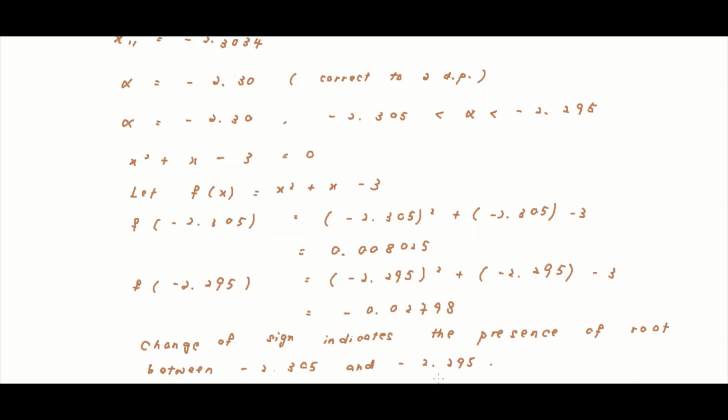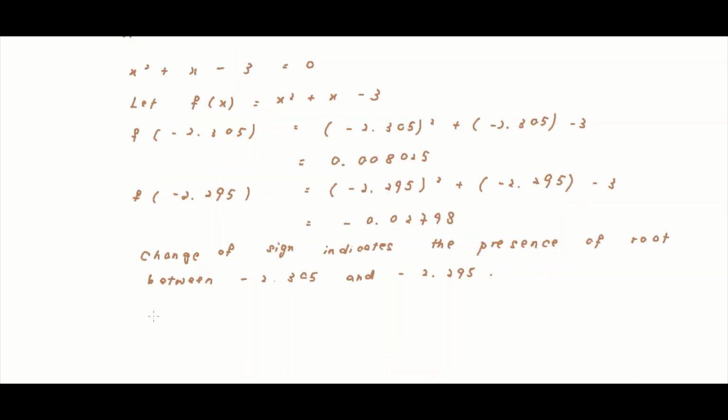And this is why you conclude that the root equals negative 2.30 when rounded to two decimal places.